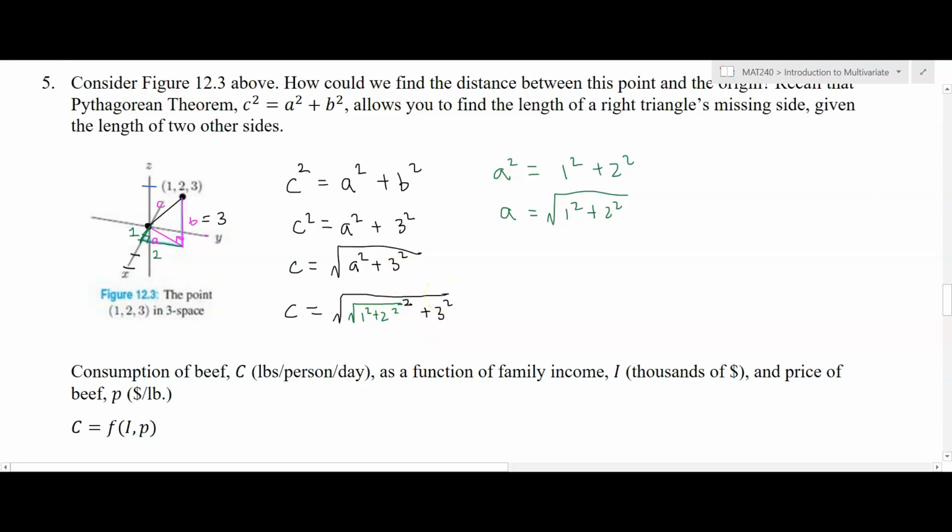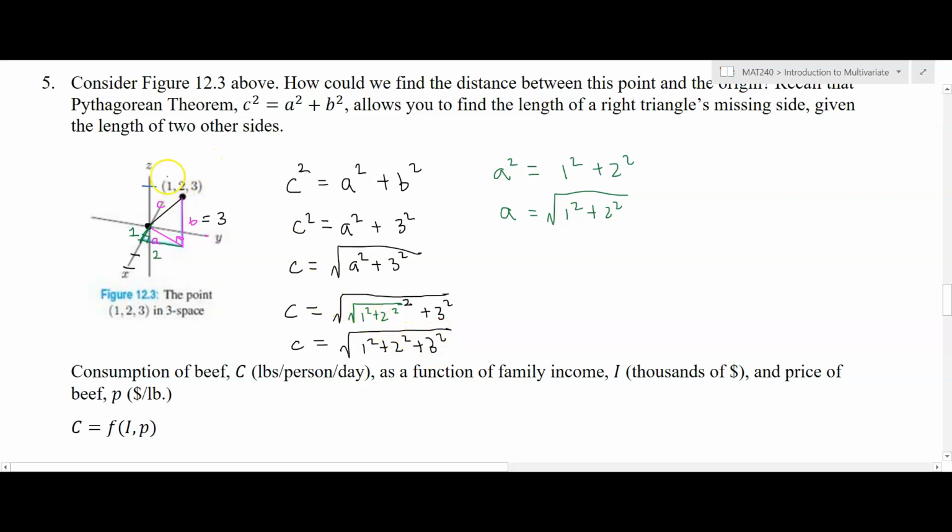You notice I haven't actually written 9, or combined terms. The reason, again, I'm doing this is because I just want to see how this would be done for any point, not just this one point. So if I square a square root, what I will have is the square root of 1 squared plus 2 squared plus 3 squared.